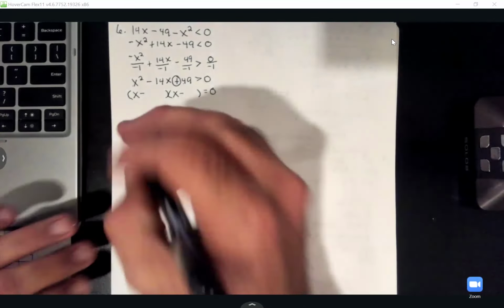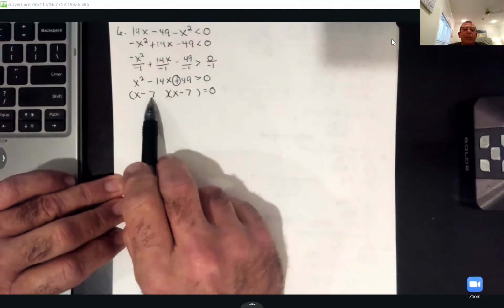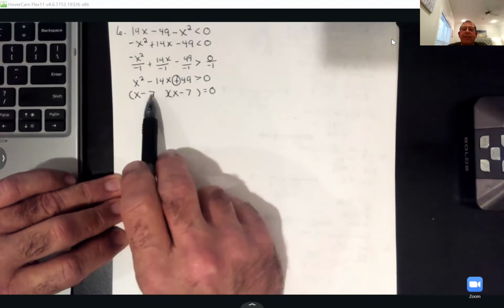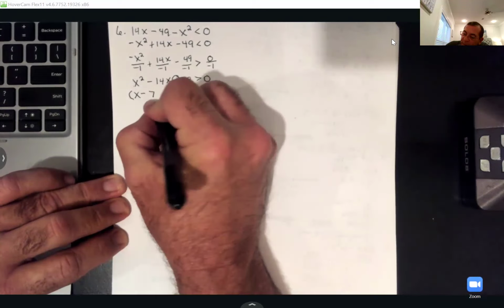Seven. So 7 and 7, good job. Uh-oh, so this is one of those repeating factors. So all I got to do is solve one of those.